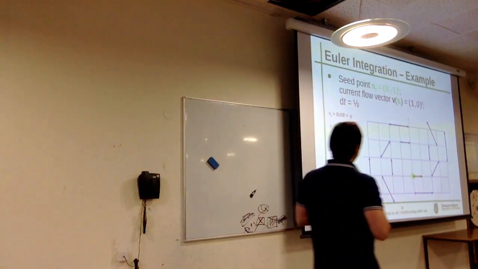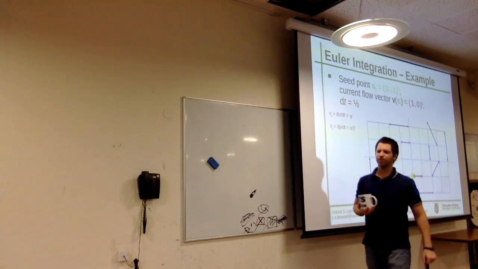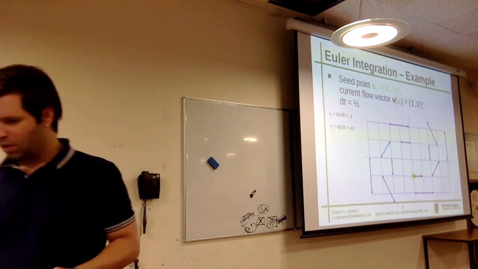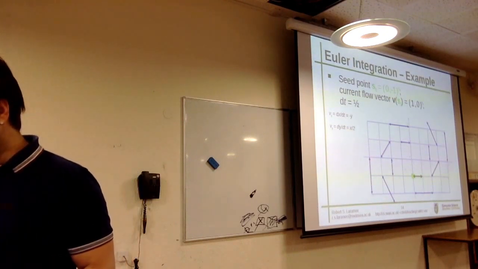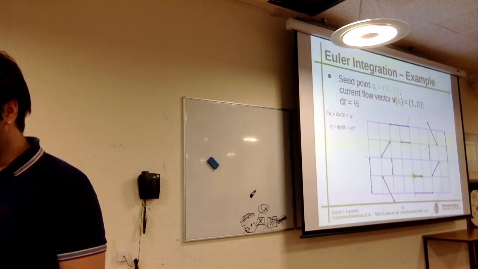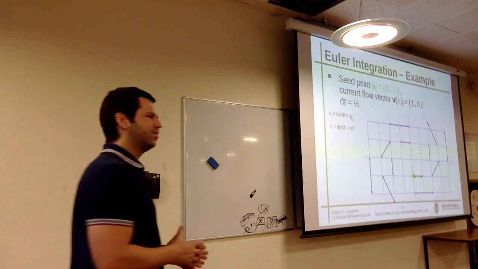So we take this point, and then we have to derive the velocity vector at that point. So that point is 0, minus 1. To get the x component of the velocity, we take y, which is minus 1, and we multiply it by minus 1.